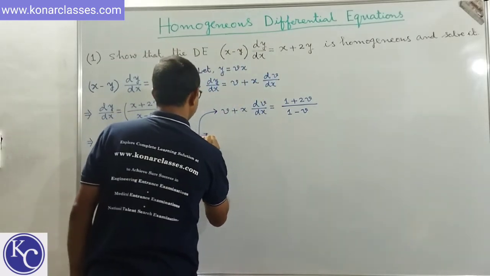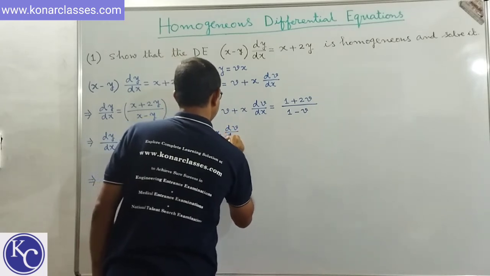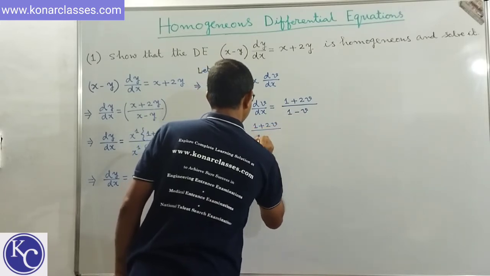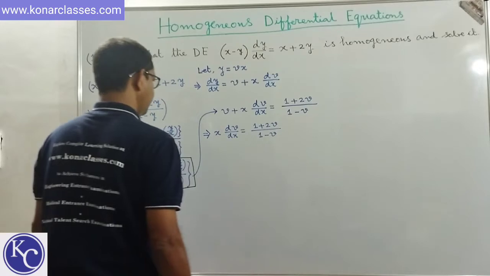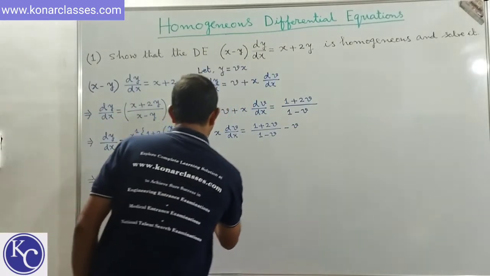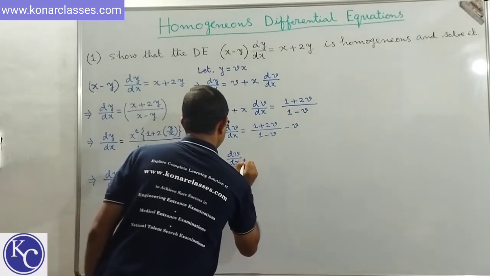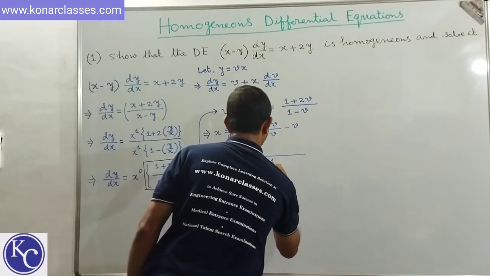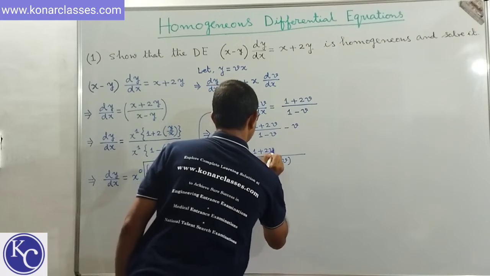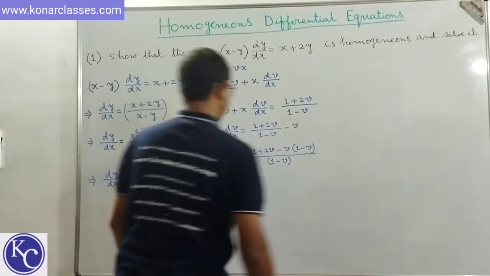So from here we can write x into dv/dx is equal to (1 plus 2v) divided by (1 minus v), minus v. So x into dv/dx is equal to, in the denominator 1 minus v, and in the numerator 1 plus 2v minus v into (1 minus v), correct?